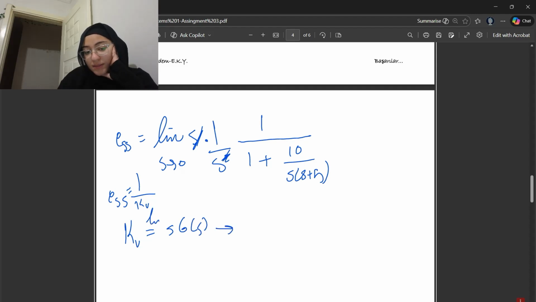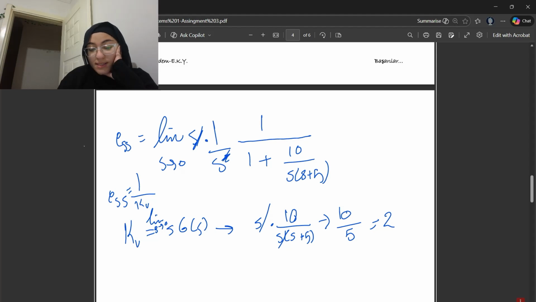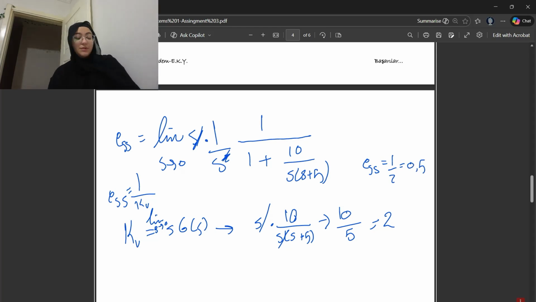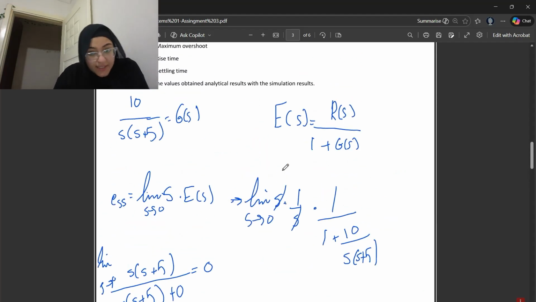Don't forget, when s multiplied by G(s), the s here multiplied by 1 over s multiplied by s plus 5, the s here will cancel with this one, and here it's 10. So here it's going to be 10 over 5, and it's going to be 2. So the steady state error ESS will be 1 over 2, which is half, 0.5. So this is the steady state error.